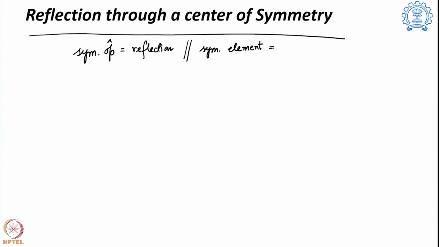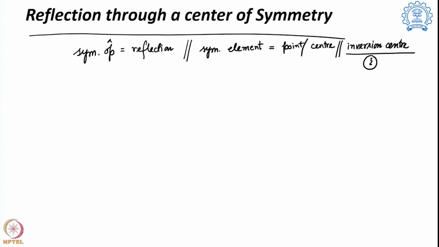Over here the symmetry element is a point, that means just a center, a dot, and this is known as the reflection through a center of symmetry. Another name for it is the inversion center, and that is why in short form it is called i.